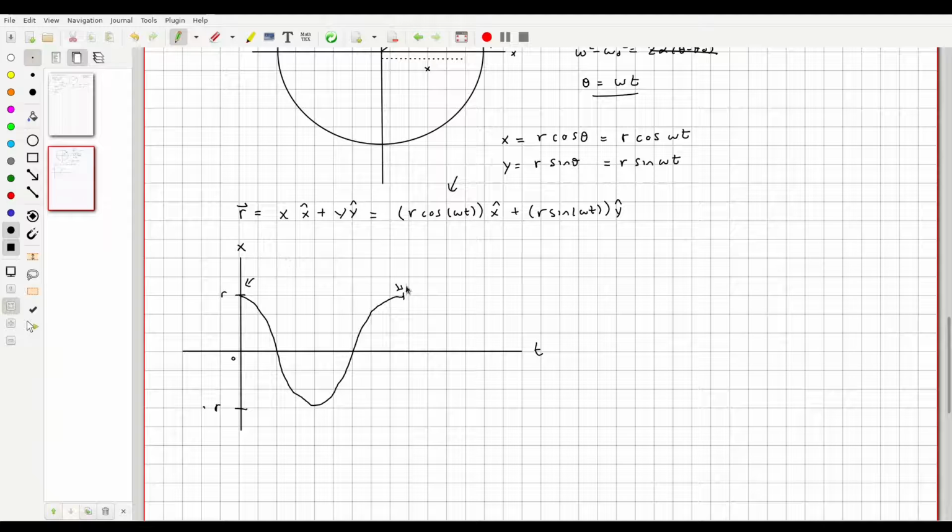Now, what you have here, just along the x direction, would be the equation of motion in one dimension, just along x, for a wave that has a height of r, we call that its amplitude, and a period of 2 pi over omega.